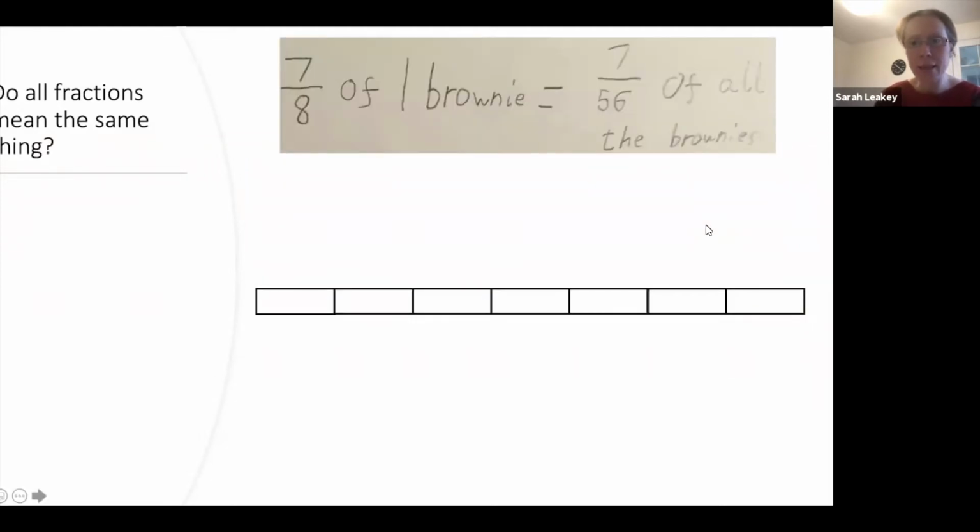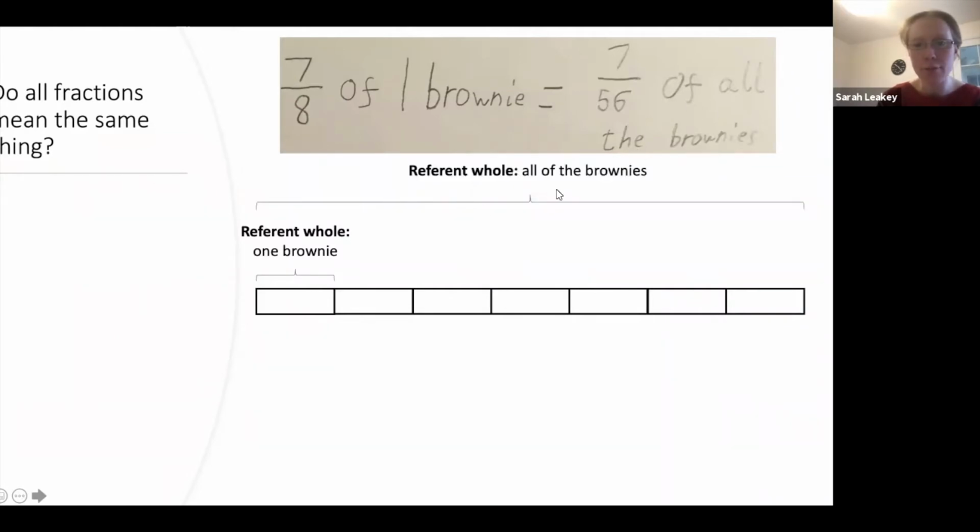So if we take that same example there, this pupil's thinking about comparing it to different referent wholes. So in this first situation, the referent whole is 1 brownie. But in this second situation, the referent whole is all of the brownies. In both situations, one person's share is the same. That doesn't change.